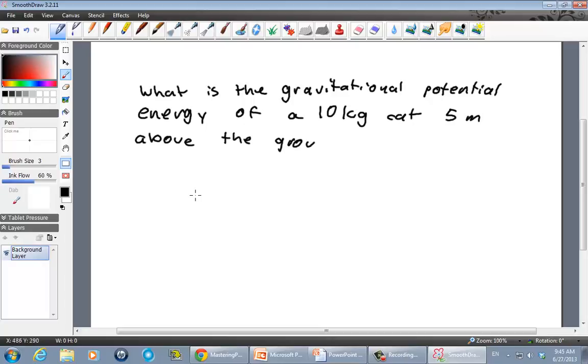That's pretty high up, but you know. Okay, so here I have my cat. This is 5 meters. Of course, we know this is a special flying cat, so when he gets to the ground, he can fly off. So what is the potential energy of this cat?